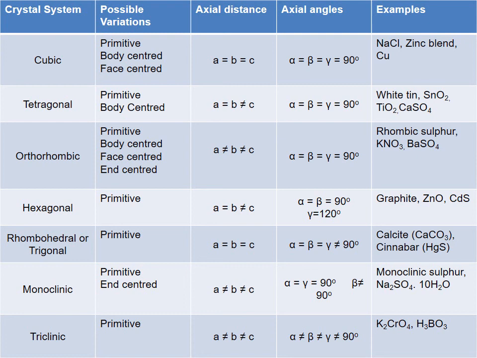Hence, it was termed that there are 14 Bravais lattice structures. In the third column, you can see that the edge lengths are indicated, which are considered as axial distances. The fourth column represents axial angles, that are the angles between edge lengths, and examples are given in the fifth column.